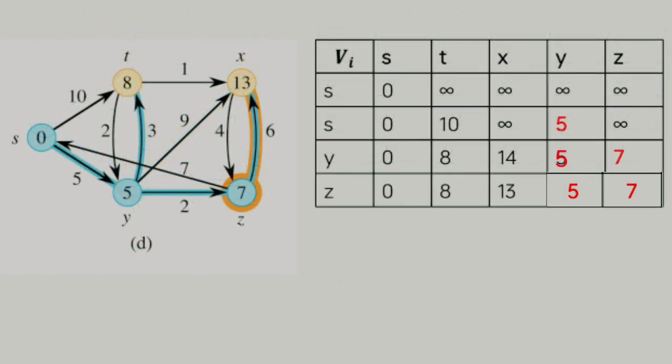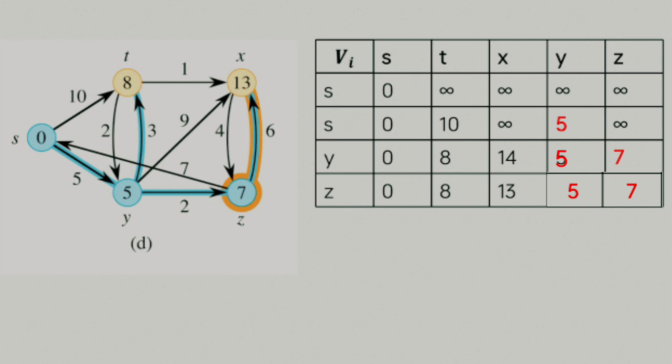Now, out of the vertices which are not yet made permanent, identify the vertex which has the least distance. Here it is 7. Hence, 7 is next made permanent. So now find the distance to all the vertices through Z. First, let's consider the vertex T. Since there is no path from Z to T without forming a cycle, we do not update the value.